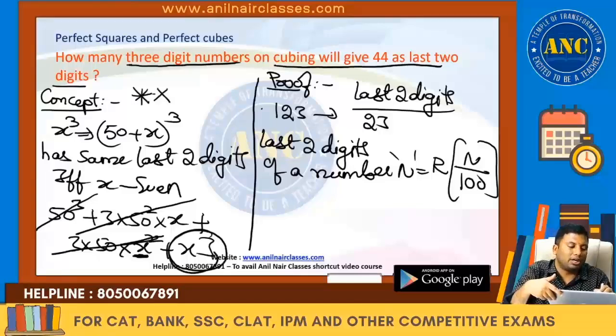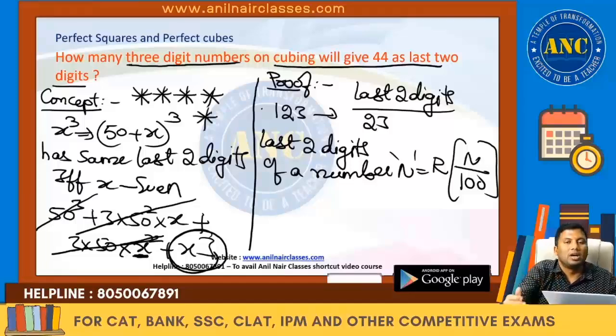Extremely important key point: x cube and (50 plus x) whole cube have the same last two digits only if x is even. This is concept 1. Second concept, I hope the idea is clear.